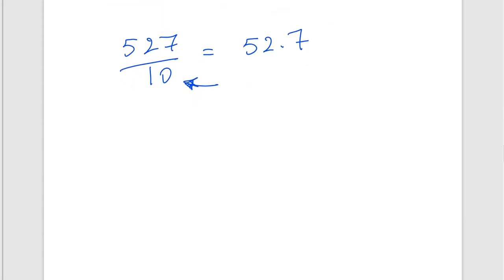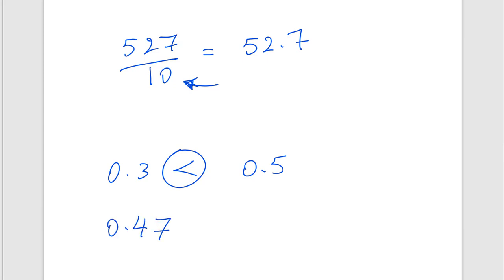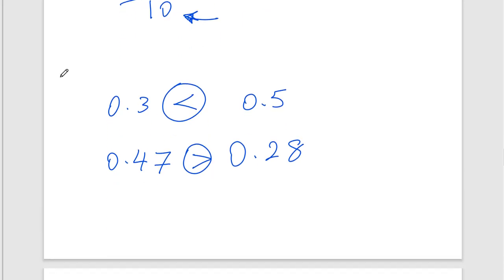Okay, we can use this also to compare fractions. If we have 3/10 and 5/10, so simply 5/10 is greater. Okay, what if we have 47/100 and 28/100? Oh, this is easy. 47/100 is greater.